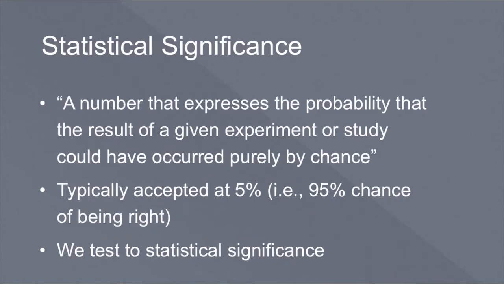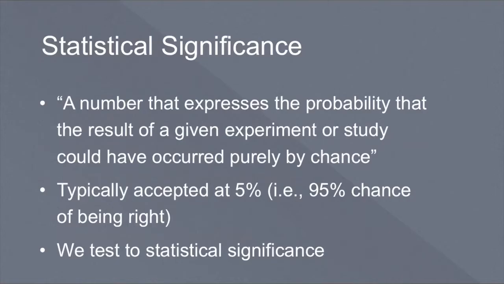So what does it mean? It means how likely is the result that we're seeing in our AdWords data right? It's as simple as that. And generally, the level that is accepted as being good enough is a 5% error rate, which means that if I look at a test result in AdWords and let's say ad A is beating ad B, if that number is statistically significant, it means that one time in every 20, that result that I've just observed will be a fluke, it will be chance, and that making a decision based on that data, we could get the wrong decision.